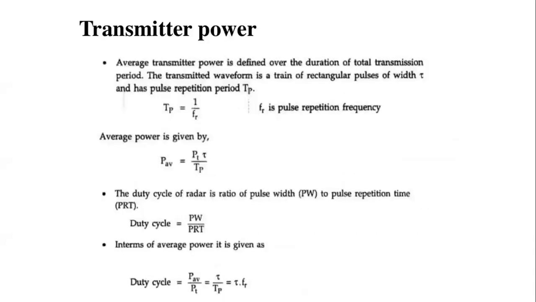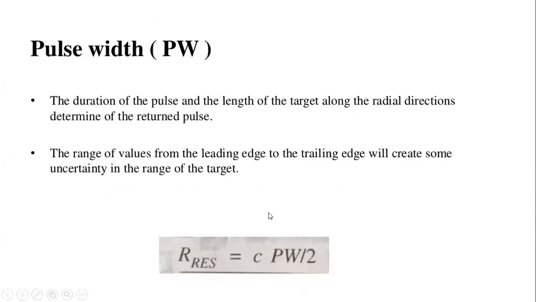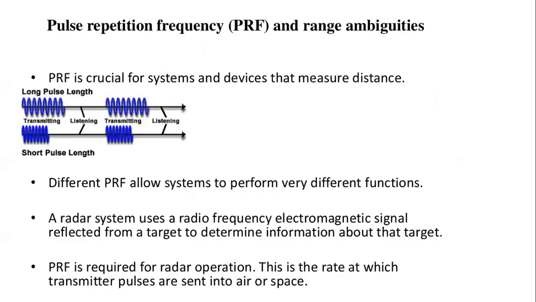Now, we know how transmitted power is related to the pulse width. We are using the transmitted power in pulses, right? So we can see the pulse has been sent and there is an empty space, then it is sent again.